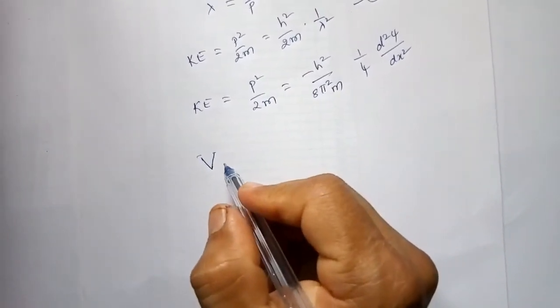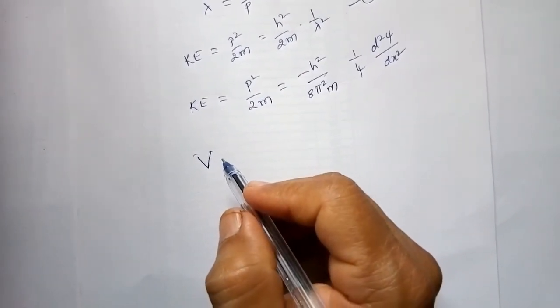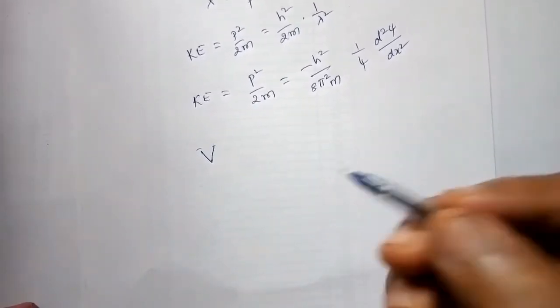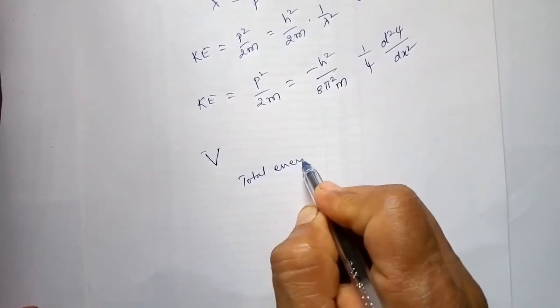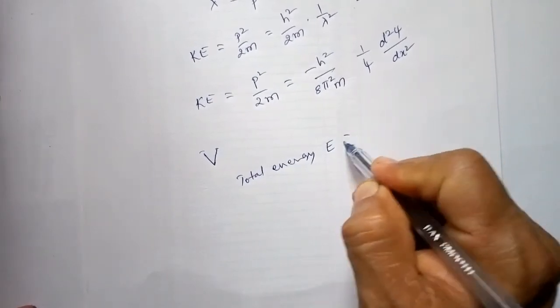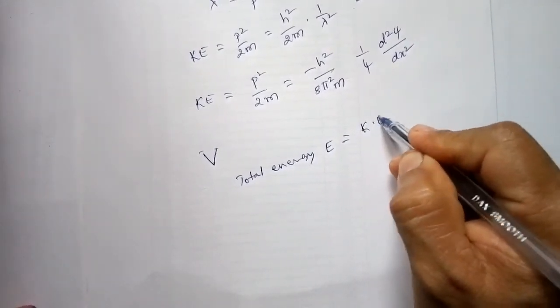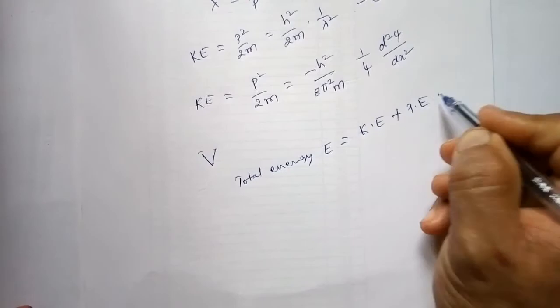Let us consider the particle is moving in a field of potential V. Then the total energy of the particle, that is E, is equal to kinetic energy plus potential energy.